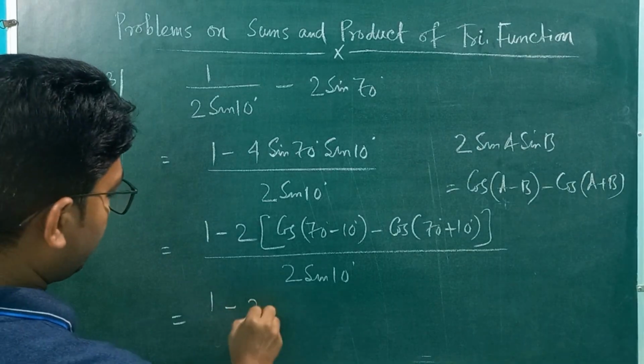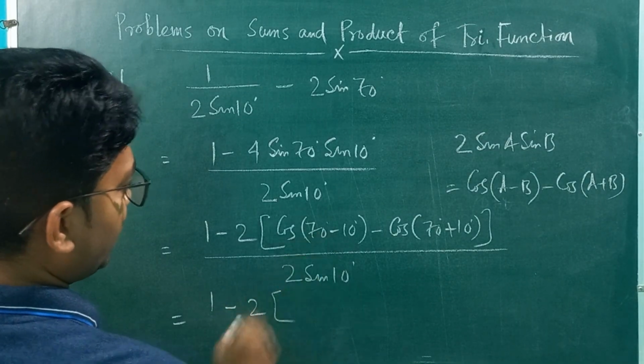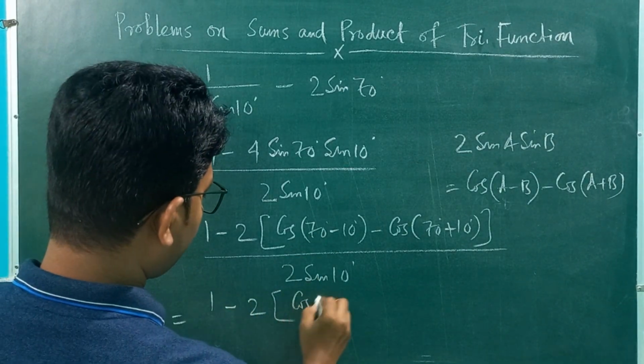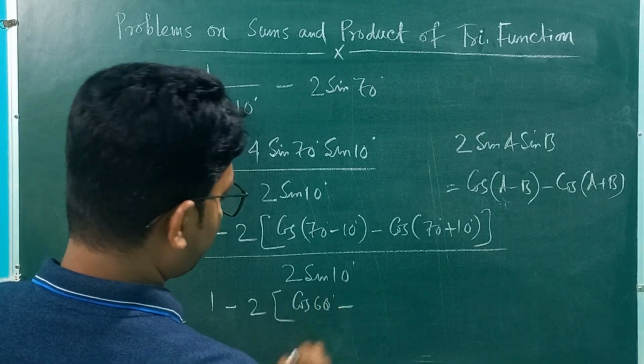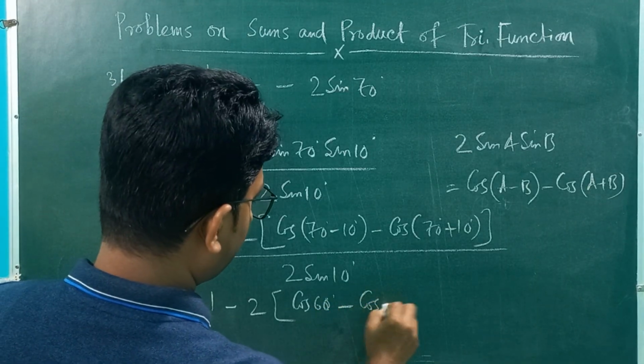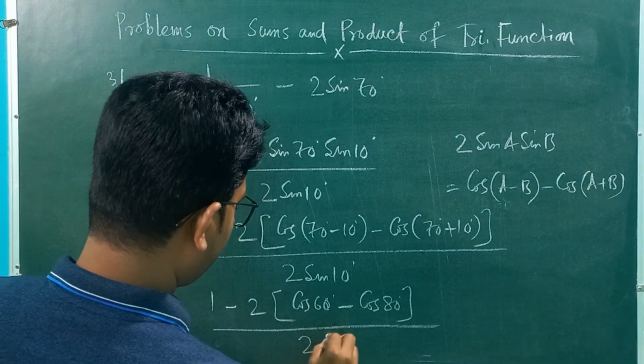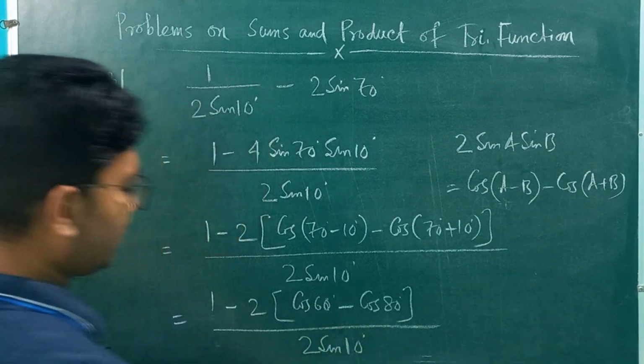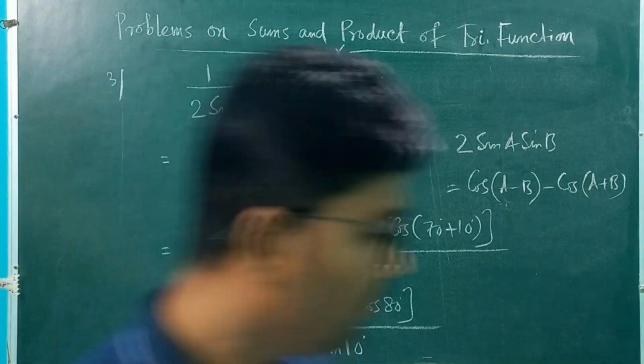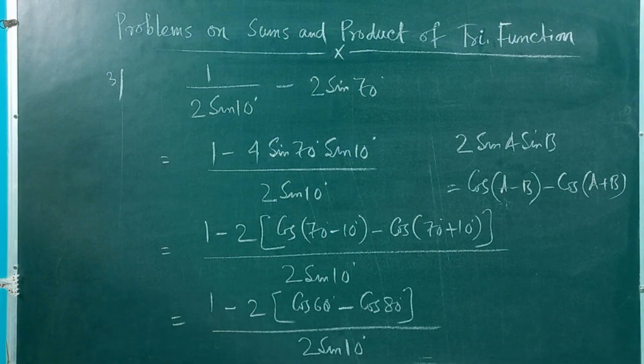So this one becomes 70 minus 10, that is cos 60, minus cos 80, by 2 sin 10 degree. Up to this clear to everyone, I think.